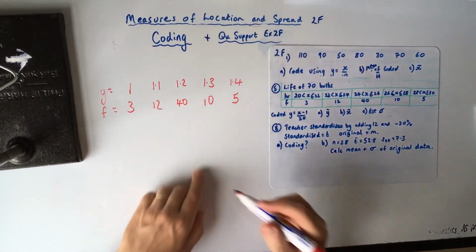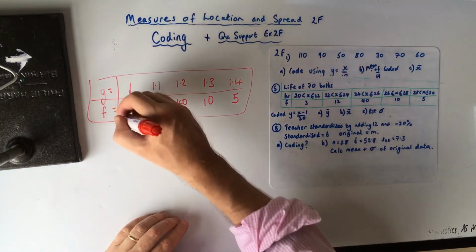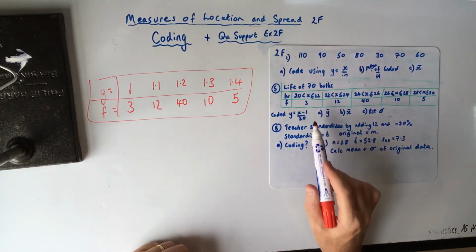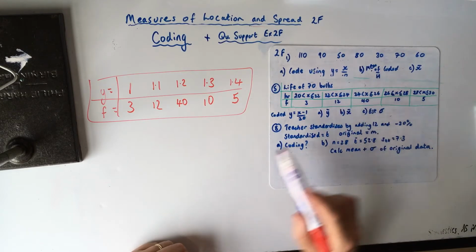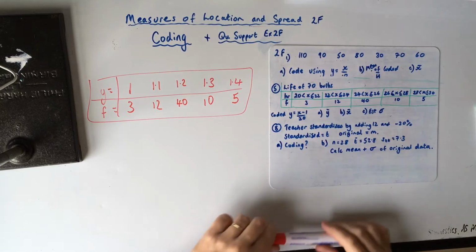So what we've done effectively is we've changed the midpoint by this coding formula. So that means instead of putting in 21 and 23 and 25 into my table, I'm just putting in 1, 1.1, and so on. Now you may say that's not a lot easier.